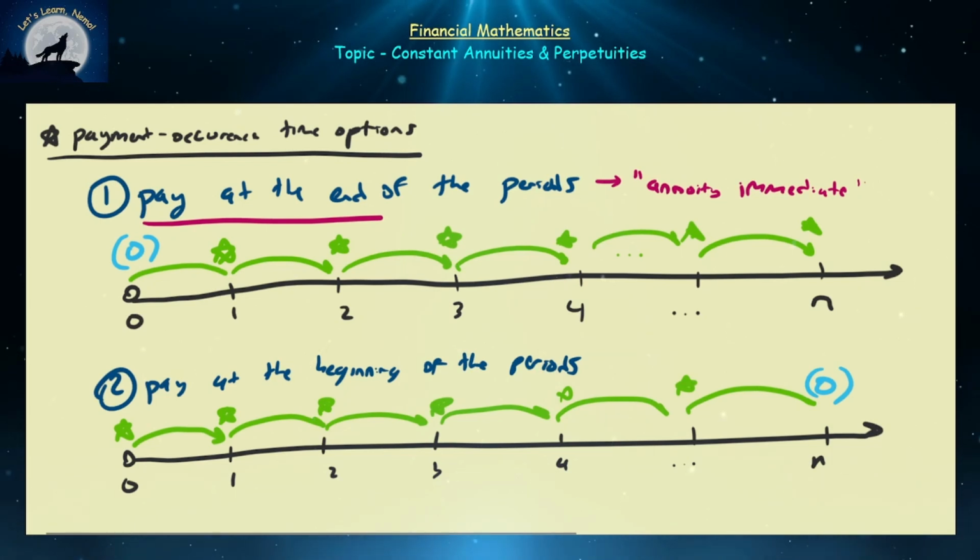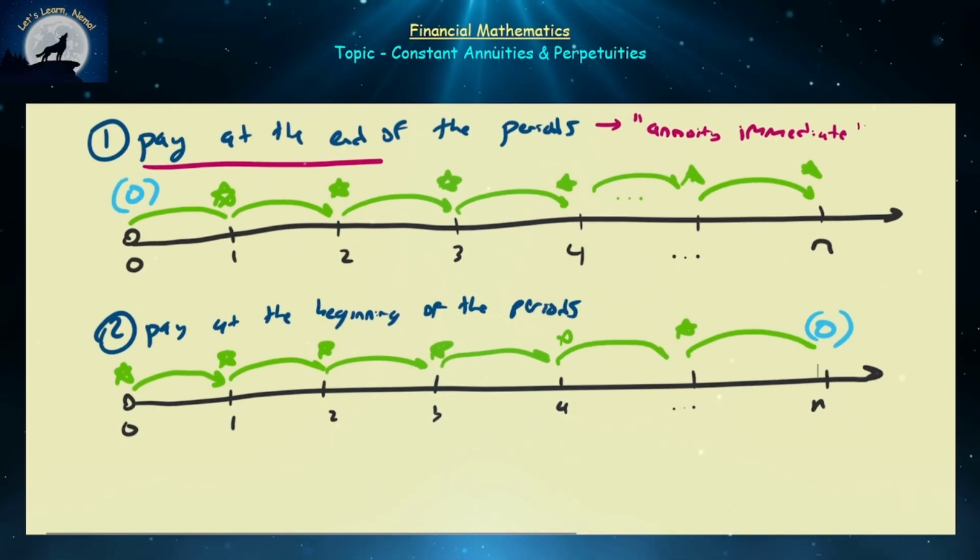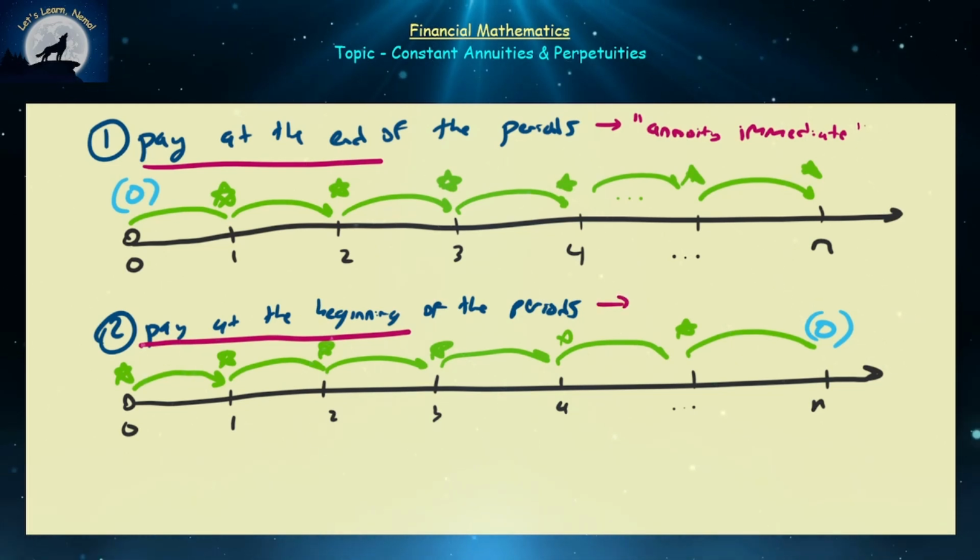So it's very important to see that both of these structures have end payments, but the difference is when they occur. One is at the end of the month and one is at the beginning of the time periods. So this type, where it's at the beginning of the time periods, is referred to as an annuity due. Right? So annuity immediate at the end, annuity due at the beginning.